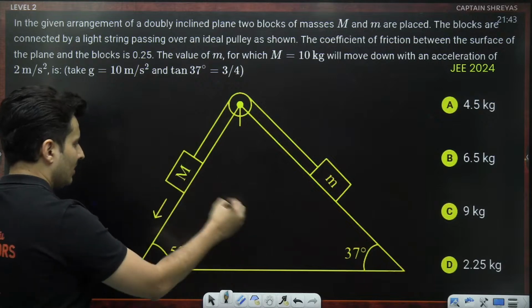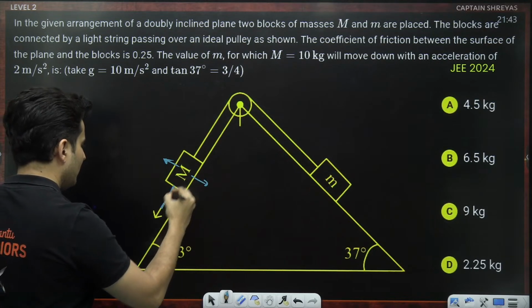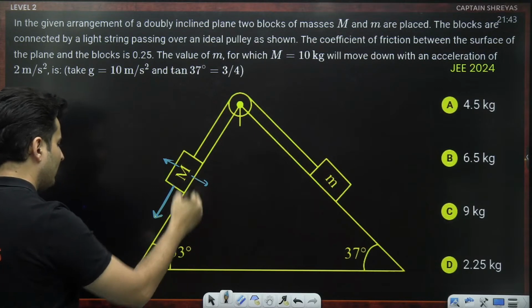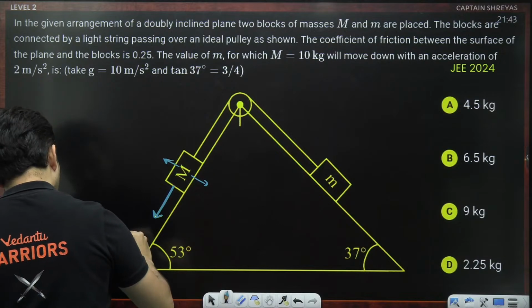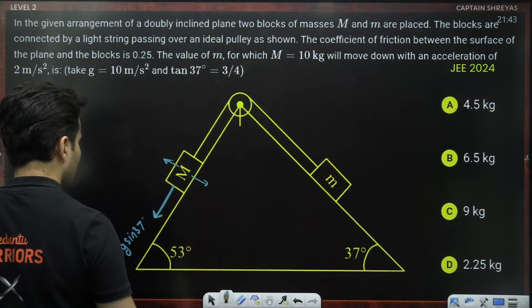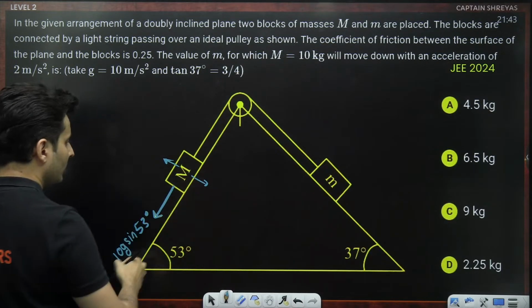So normal and mg cos are standard forces. There will be one force which is capital Mg sine theta, that means 10 g sine 53, down.